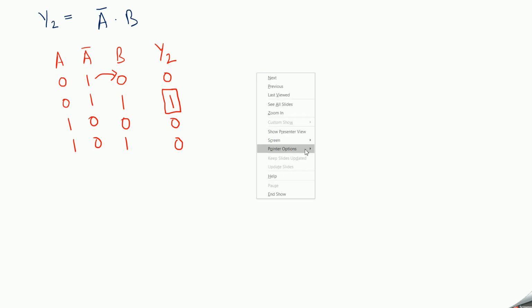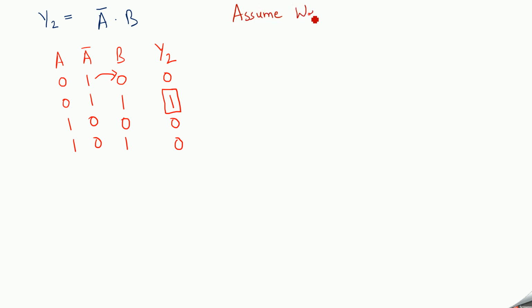So once again, as done in the previous slide, we are going to assume our weights. So 4 cases we shall consider: case 1, case 2, case 3 and case 4.